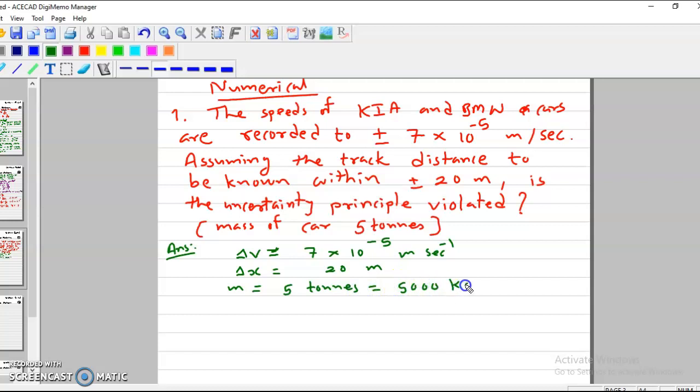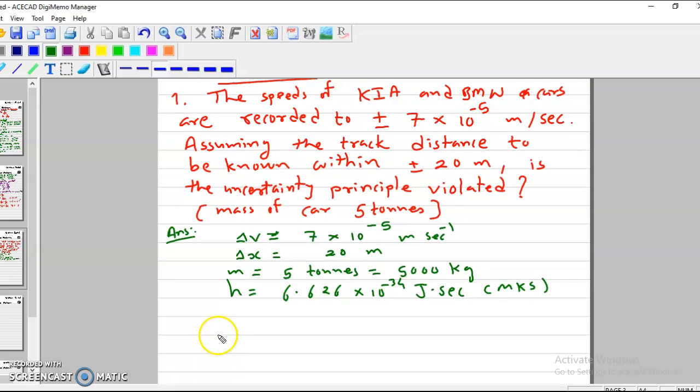We are using MKS units because delta v is given in meter per second and delta x is in meter. Mass is also in kilograms, so we will use h as 6.626 times 10 raised to minus 34 joule into second, that is the MKS unit. So the answer will also be in MKS.